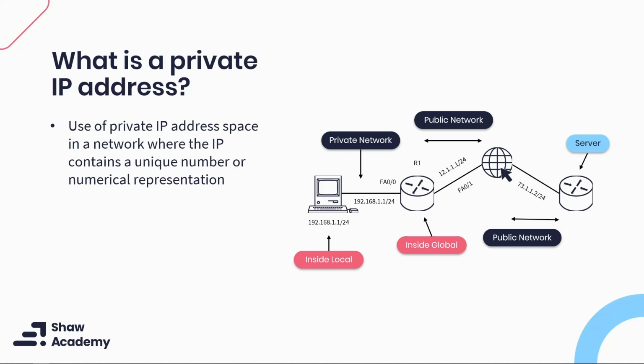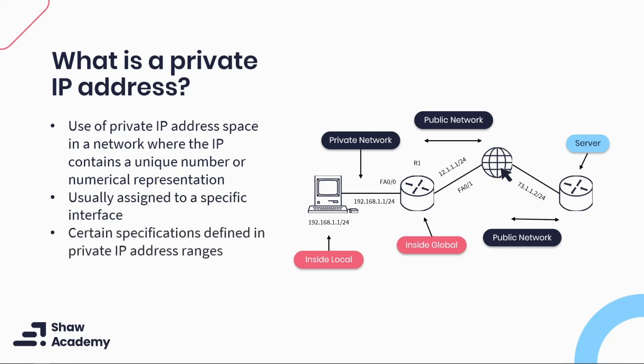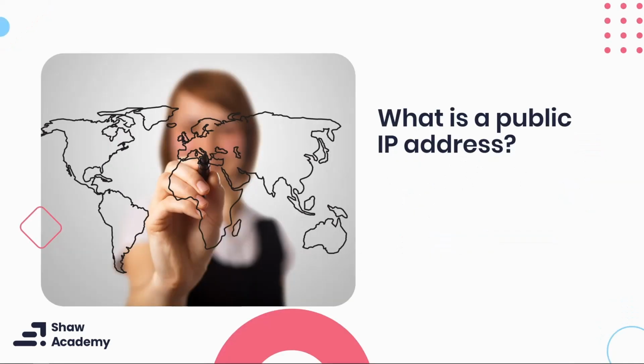The IP address is usually assigned to a specific interface on the network device. There are certain specifications that are defined in the private IP address ranges and often used in LANs. These are known as the IPv4 and the IPv6. We'll talk more about these in a while when we get into exploring IP addressing a bit further.